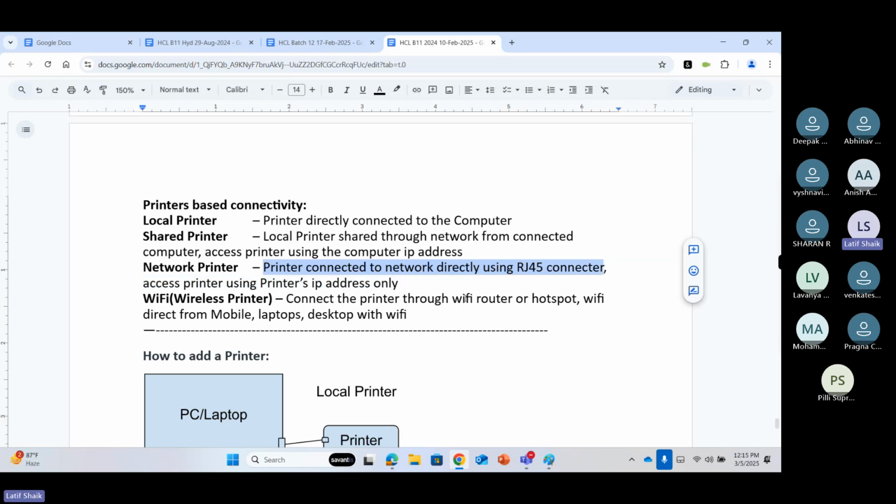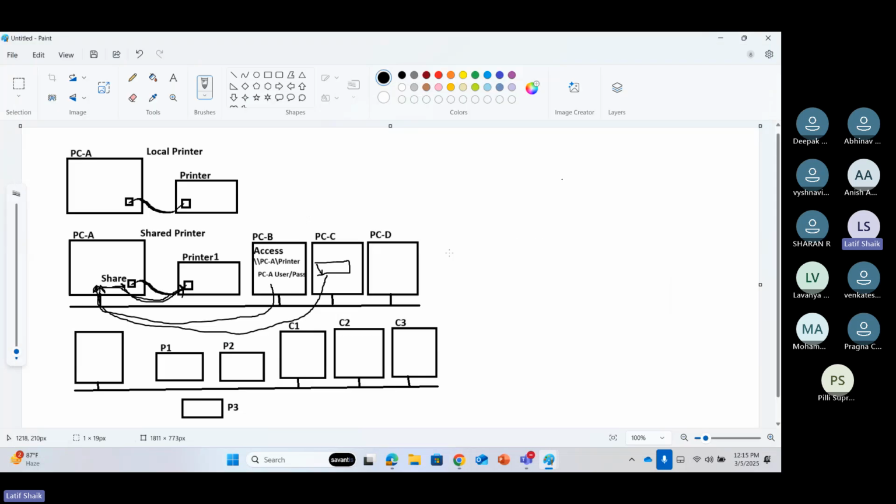It has a NIC, network interface card, an Ethernet card. If it can directly connect to the network, it has Ethernet, right? To that Ethernet we can assign an IP address. We can assign the IP address manually or it will get an IP address from a DHCP server also. So the printer is directly connected to the network.